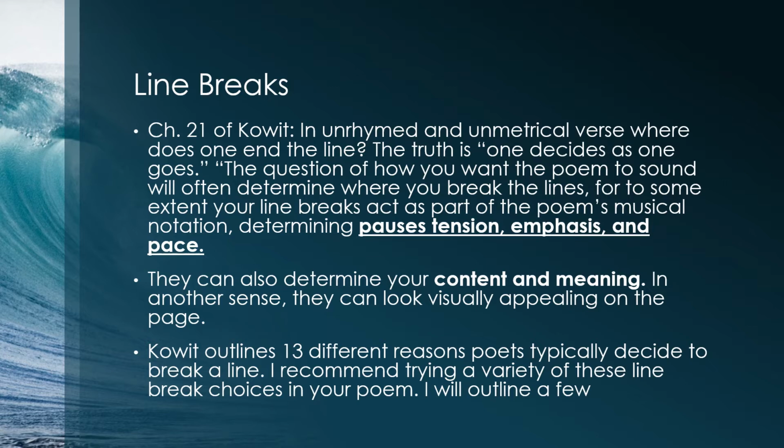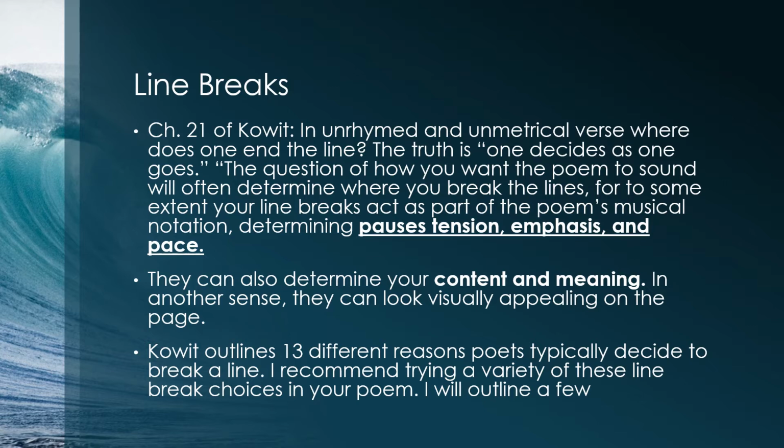So, let's say you're not writing iambic pentameter. You have no idea what I'm talking about when I say iambic pentameter, and you're writing a free verse poem. Even free verse poets are breaking a line for a reason almost 90% of the time.